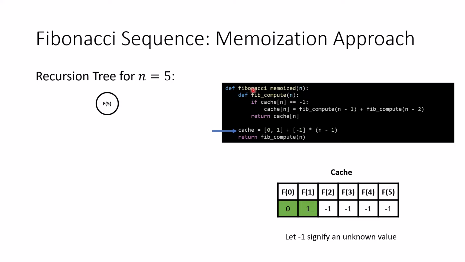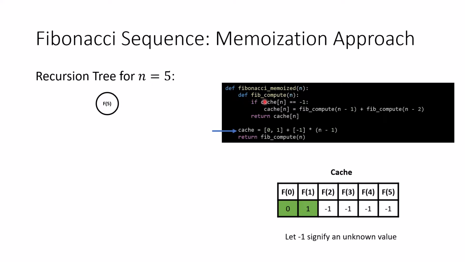The way I'm doing it is that I have a function, which I'm going to call fib compute, and basically it's just like the previous algorithm, except this recursion that I do here, where I call fib compute of n minus 1 plus fib compute of n minus 2, well, that's only going to run on the condition of this if statement.